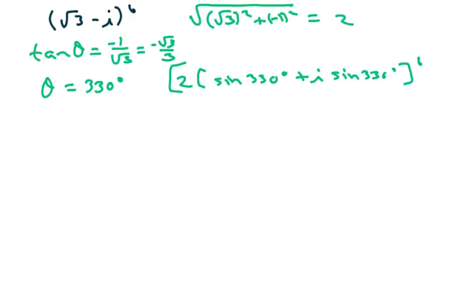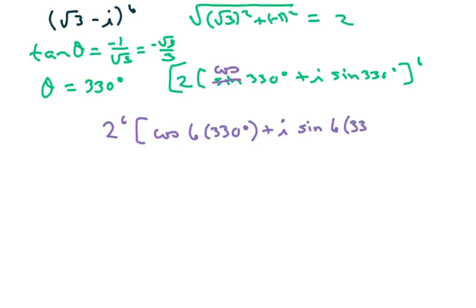So you use De Moivre's theorem, and you get 2 to the 6th times cosine. Why did I put sine here? Did y'all see that? All right. Cosine of 6 times 330 degrees plus i times sine of 6 times 330 degrees. All right, so 2 to the 6th is 64.